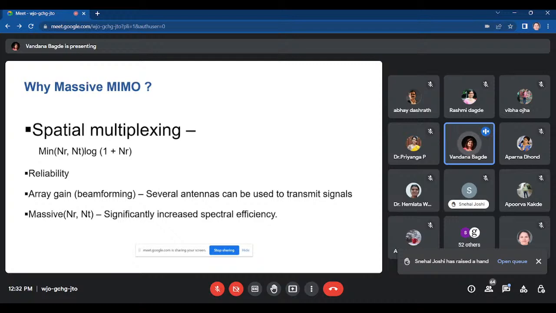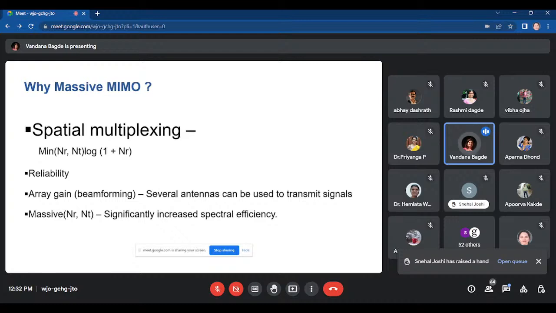If there are 8 users at the transmitter and 8 users at the receiver, or 16 and beyond, then simultaneously each and every user destination will get back the original information which was transmitted, irrespective of the noise in between, irrespective of the additive white Gaussian noise.